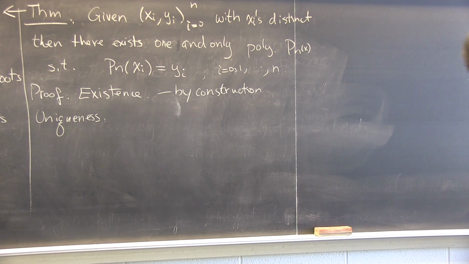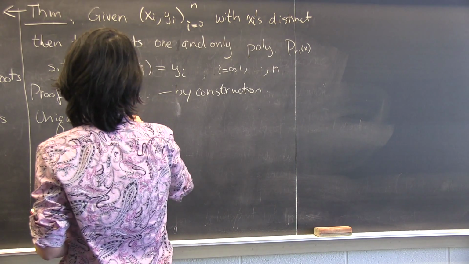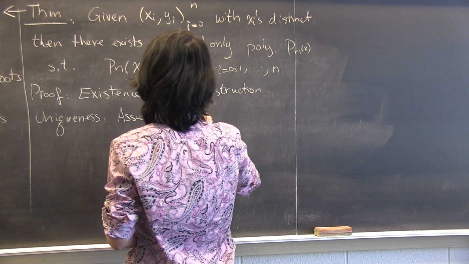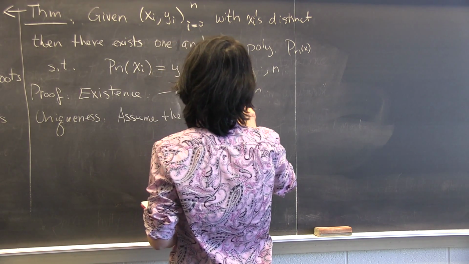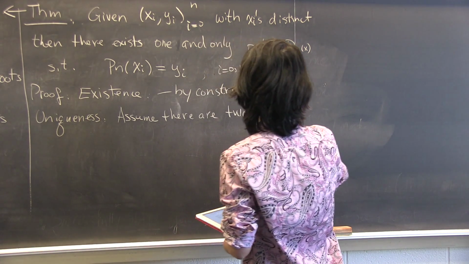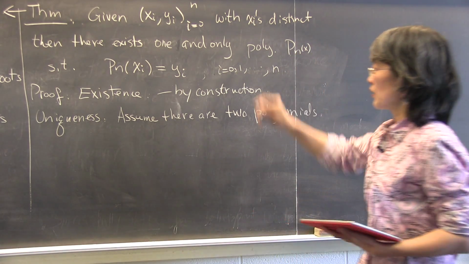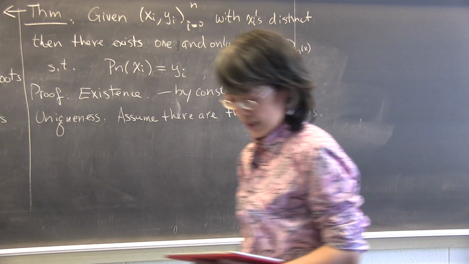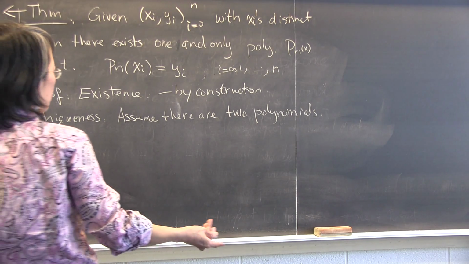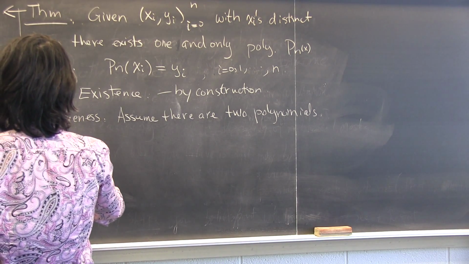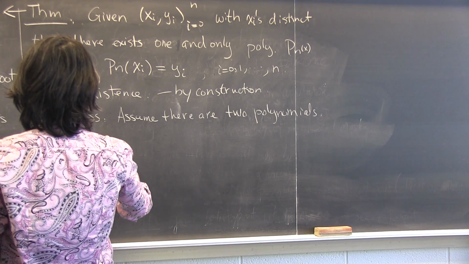So let's follow that. Assume there are 2 such polynomials that will do this interpolating work. So they are of degree less than or equal to n. Let's call them P of x and Q of x.